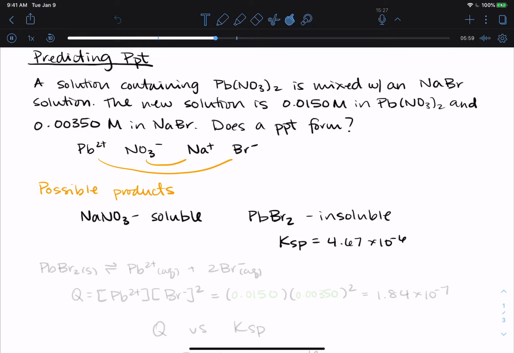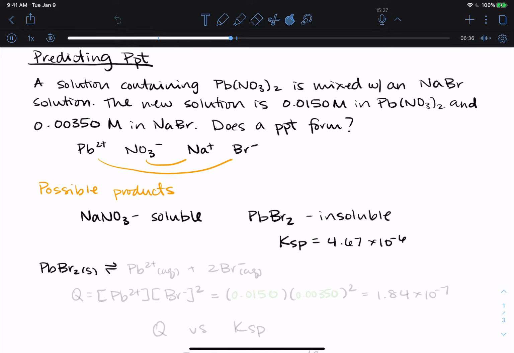So in order to determine whether or not something will precipitate, well, first we know what the identity would be. If we get one, it's lead bromide. To figure out if we get one, we have to calculate Q and compare it to the KSP. So we have the KSP, we just now need a Q value. So you need the reaction of this going into solution, or you need to be able to very easily put together the equilibrium constant expression.